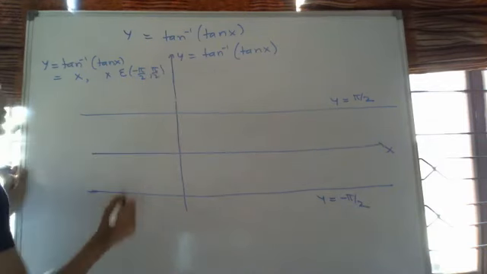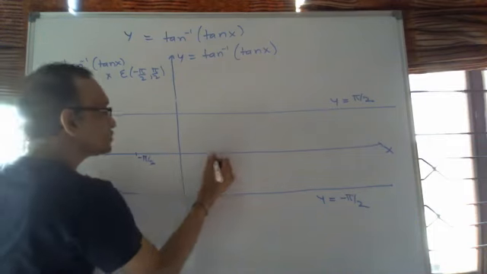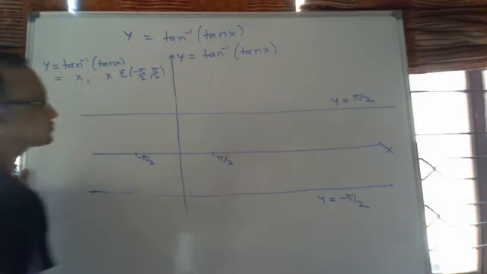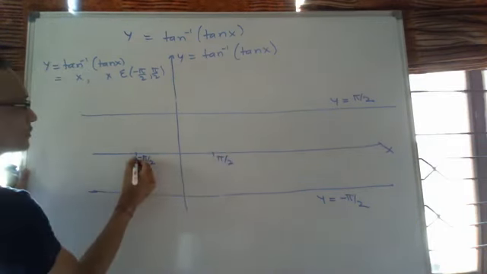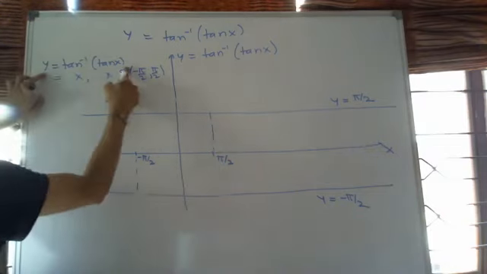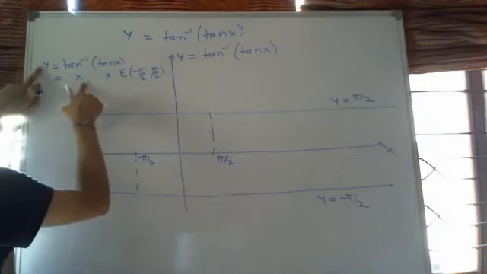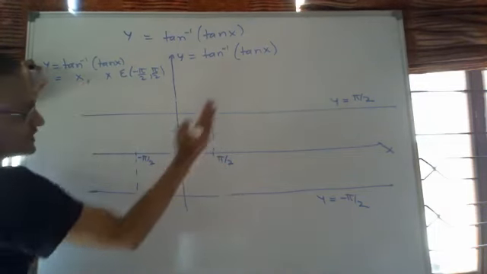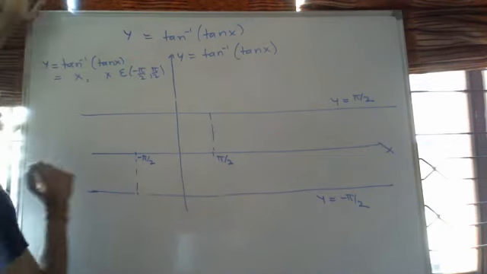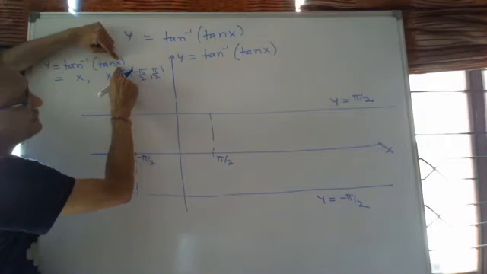Look, x equal to -pi by 2, say x equal to +pi by 2. When x belongs to this interval, the graph will be like y equal to x, which is a straight line. But look, what is at x equal to pi by 2? tan 90, which is undefined.